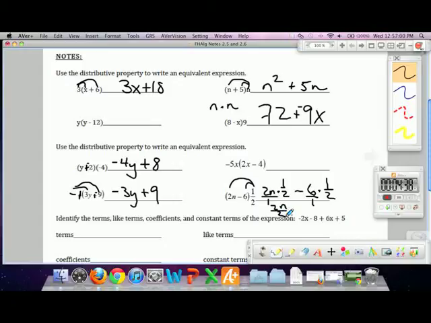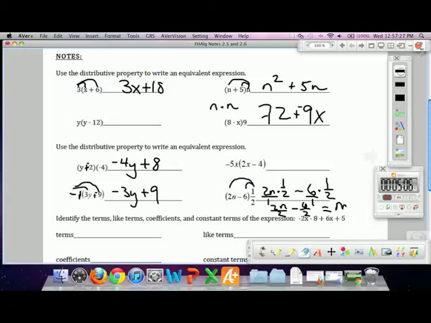And 1 times 2 is 2. Very good. Now that we've got them combined as one fraction, let's reduce them. How many times does 2 go into 2? Once. How many times does 2 go into 6? 3.